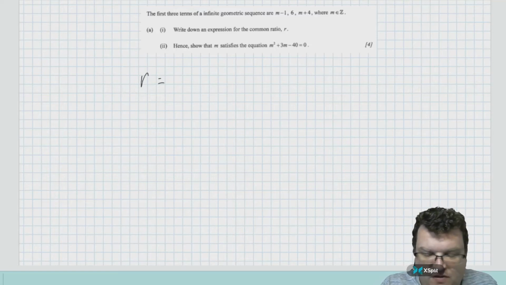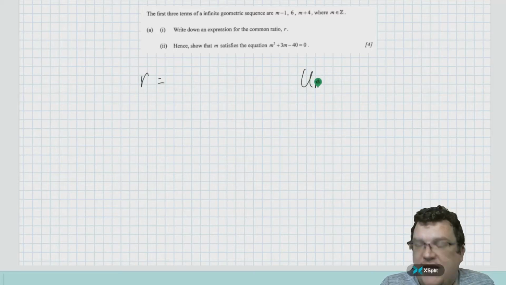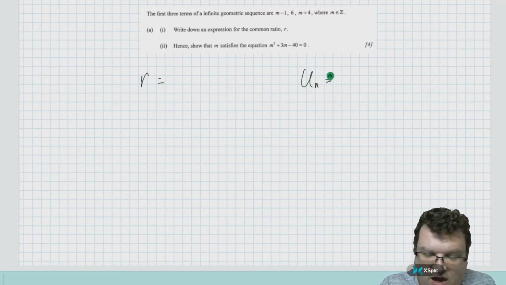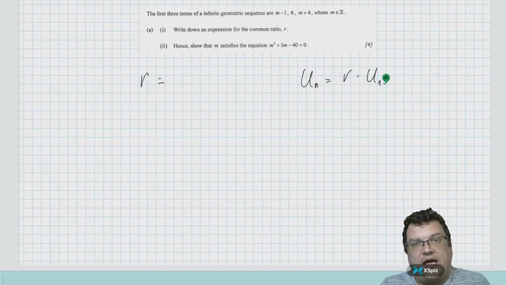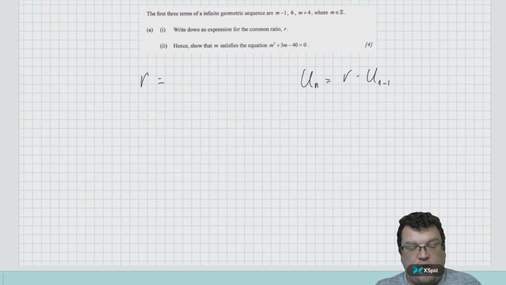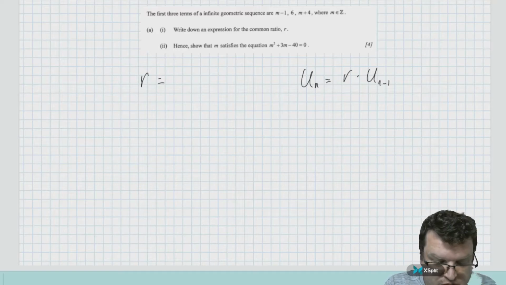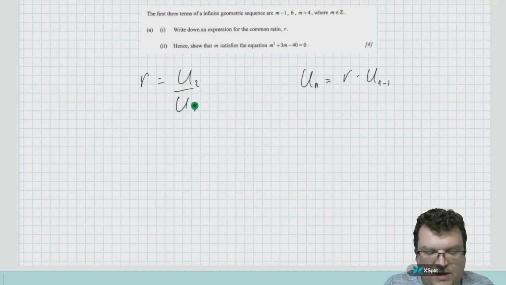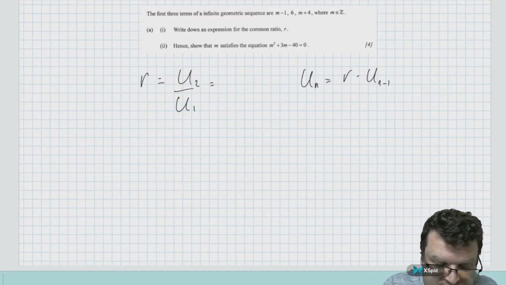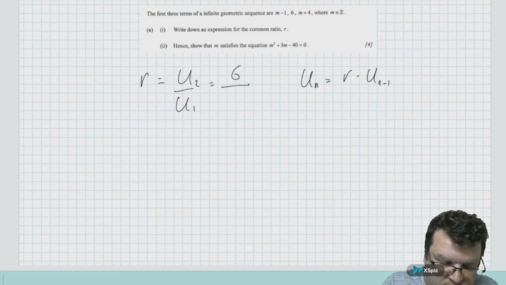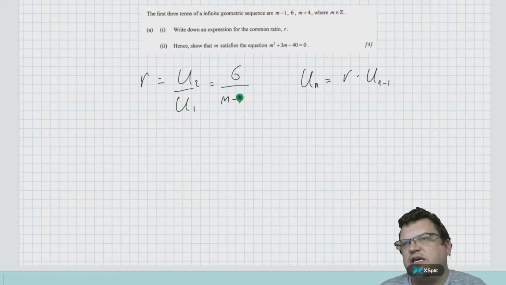So if you think about the general definition of a geometric sequence, it's that un is r times un minus 1, i.e. r times the previous term. So a little bit of rearranging there tells me that I can write the ratio as the quotient of one term over the previous. So I'm going to write term 2 over term 1, and in this case I'm going to have 6 over m minus 1. So not too tricky to write there. That's what my answer should look like.